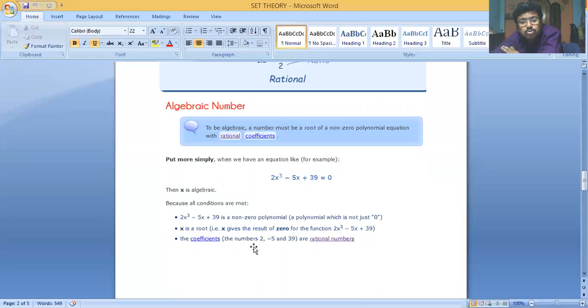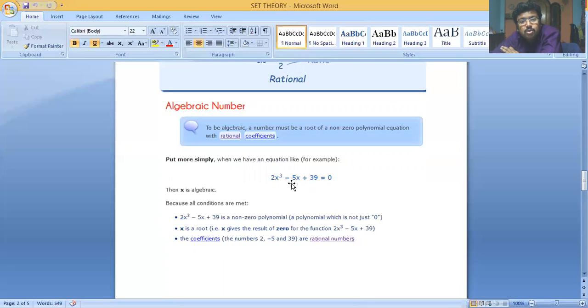X is a root, that is, x gives the result of 0 for the function. To be an algebraic number it must be a root. The coefficients, the numbers 3, 5, and the 39, are rational numbers.